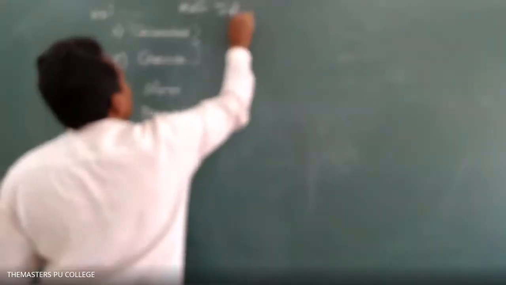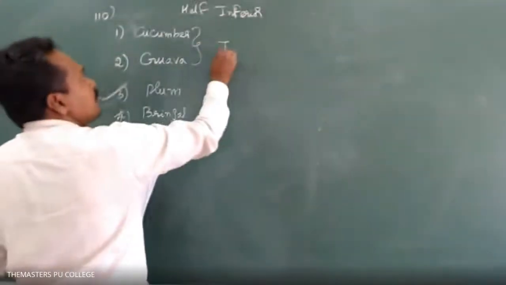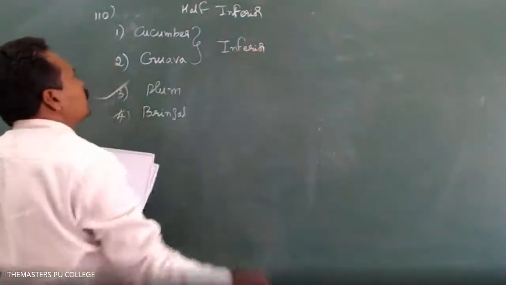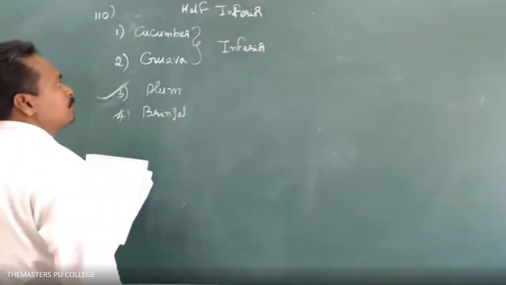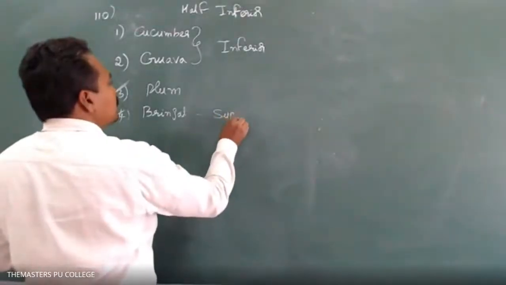Yes. Ovary is inferior in plum. Okay, inferior in the cucumber and guava. Right. Brinjal, superior, hypogynous. Superior, right?